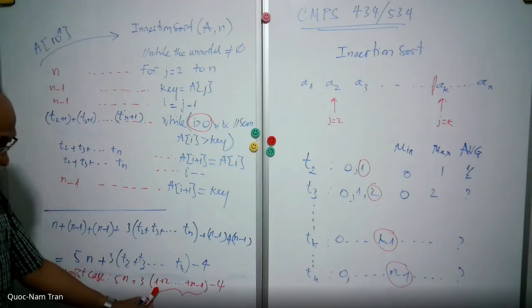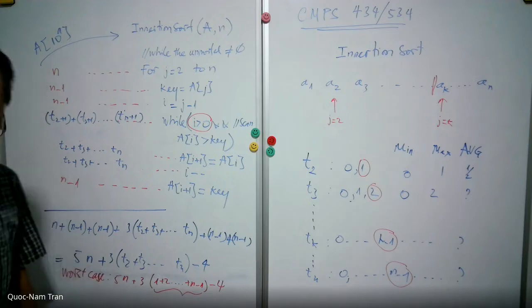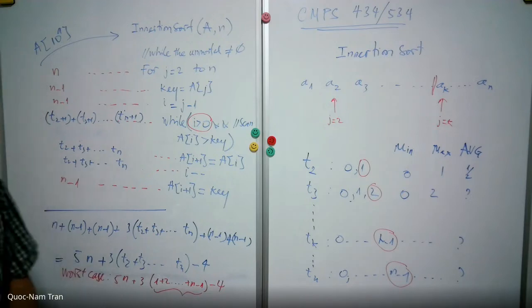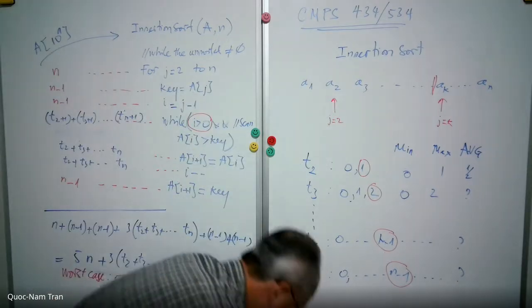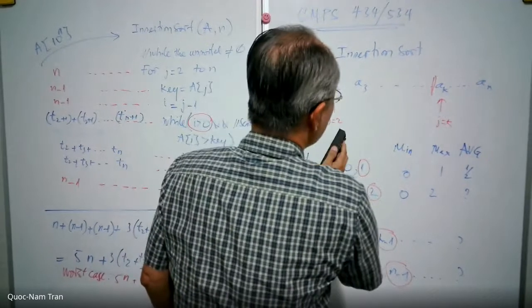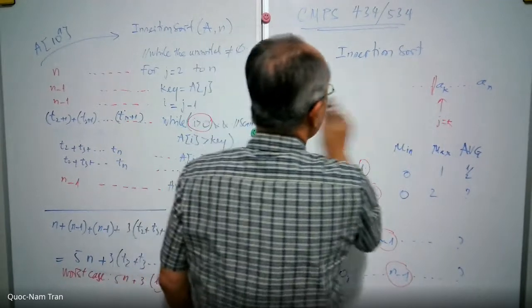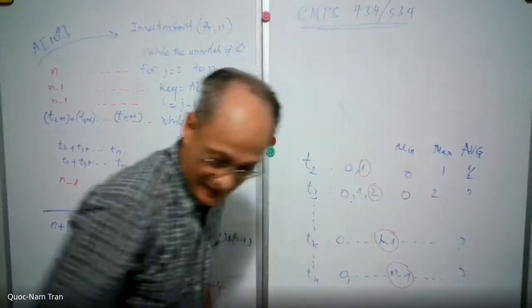Here we have this sum. What is the value of this sum, if you still remember? We will practice a little bit. Let me remove this one so we have space to write.